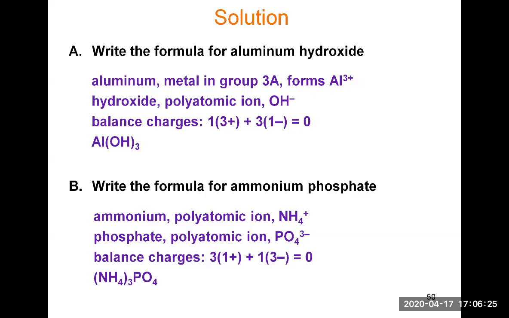Notice how the charges disappear. The formula is neutral this way, because one phosphate with 3 negative charges will cancel the 3 positive charges coming from the 3 ammonium ions, because each ammonium ion has 1 positive charge. And so that's the formula for ammonium phosphate.